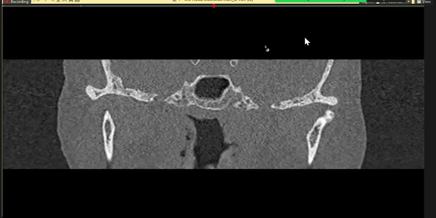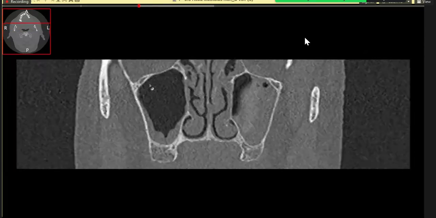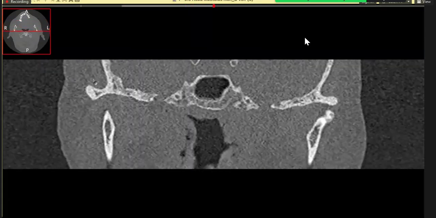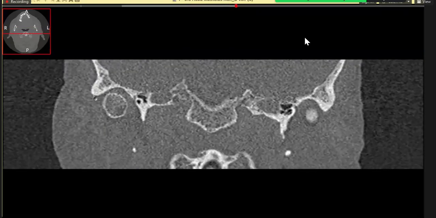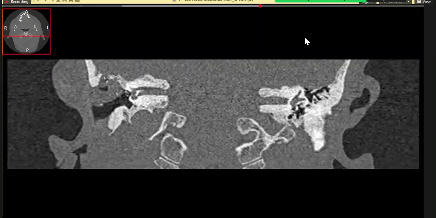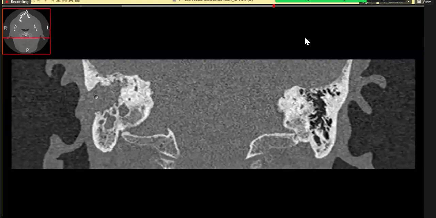And on the coronal, here you are. This is the cavity, and this is the cavity, and this is what we call tegmen mastoideum, and you can see erosion here, superior to what. So you never know what is what in this as far as a CT is concerned, but there is erosion.